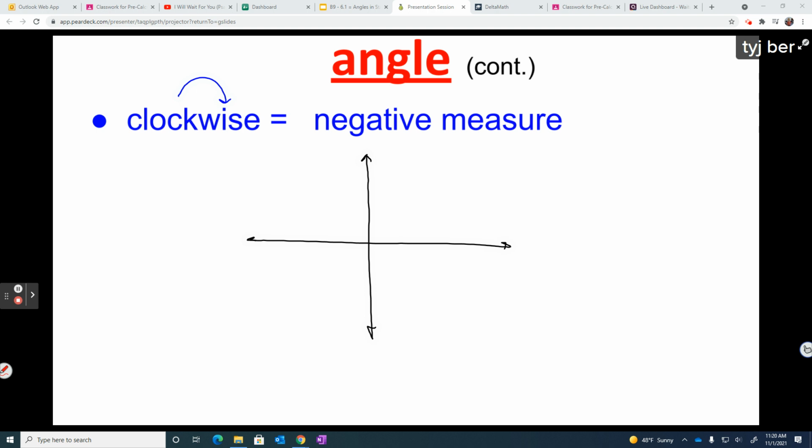So rather than starting with 0 on top here, we're going to start with 0 on the bottom. So 0 is on there. And then everything is going to be just the same except opposite. This is going to be negative 90 down here. Negative 180. Negative 270. And negative 360. It's just the same except reverse.